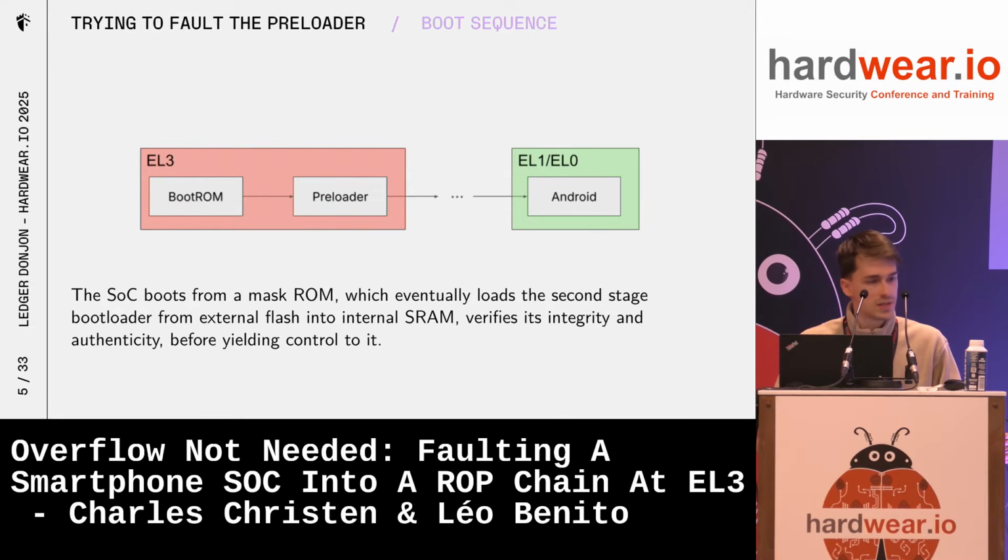When the SOC starts, it boots from the boot ROM, which resides in mask ROM. This stage basically initializes some peripherals, and then it loads the second stage, called the preloader, from an external flash into an internal SRAM, and it then verifies its authenticity and integrity before jumping to it.